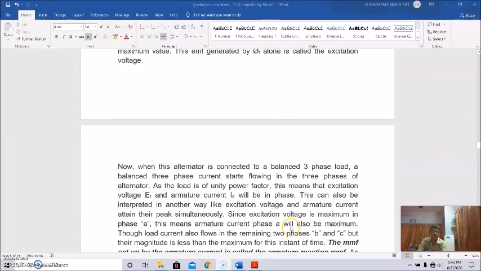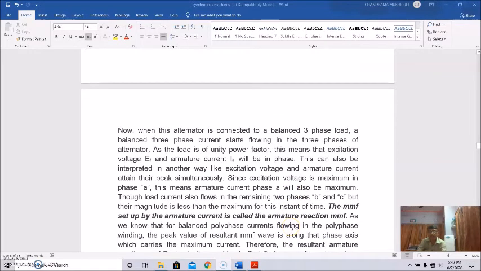Now when this alternator is connected to a balanced three-phase load, a balanced three-phase current starts flowing in the three phases of the alternator. As the load is of unity power factor, the excitation voltage EF and the armature current IA will be in phase.